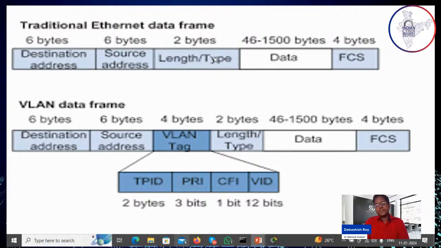CFI actually specifies whether it is an Ethernet or token ring VLAN. And the TPID field also specifies that it is VLAN data. It has a hex value, and it specifies that it is VLAN encapsulated data, either ISL or .1q. And the VLAN ID is 12 bits long, as I've already told you. So this information is encapsulated in the VLAN tag.